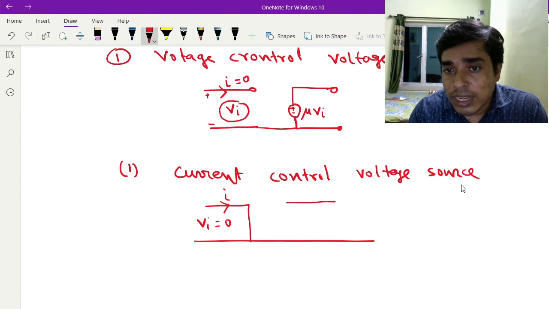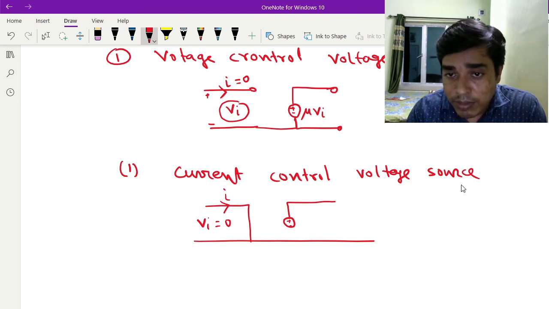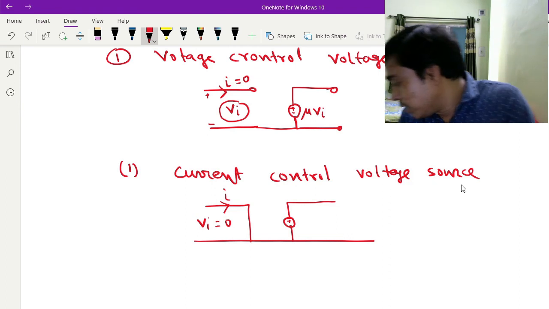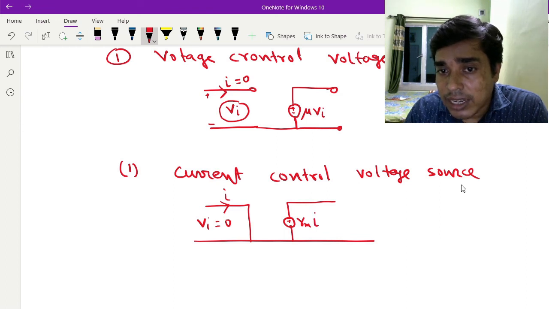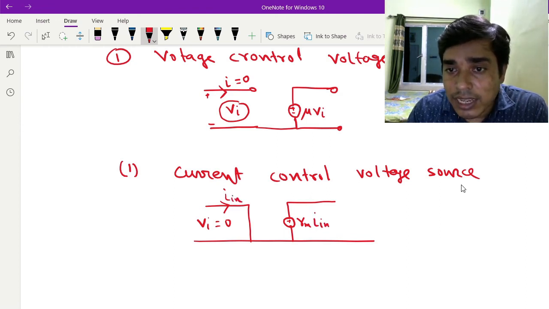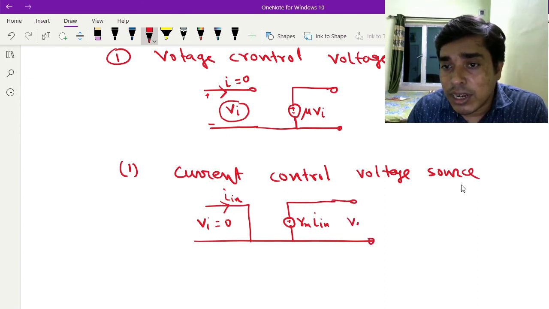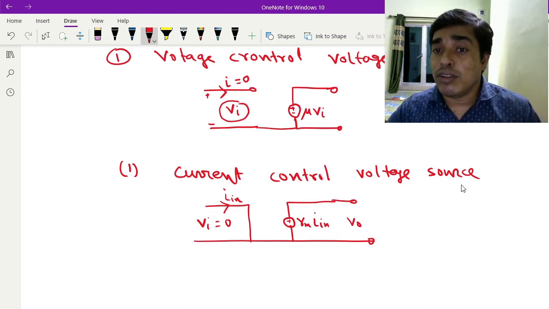So here there is some voltage. This voltage plus minus is controlled by current, so it can be written as R M I. Suppose this is I N. This is V output. So it is called the current controlled voltage source.